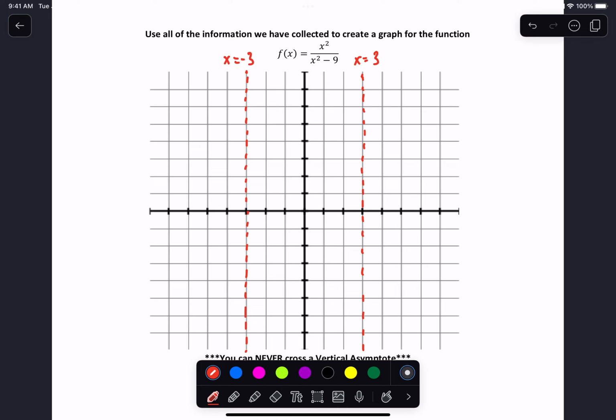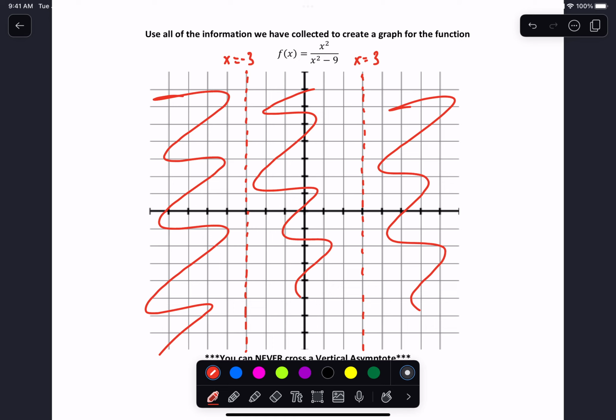Okay. I know the graph cannot touch those values. So I'm using that fact to figure out where is the graph over here, where is the graph in here, and where is the graph over here. Because I know it can't touch those values. So we've kind of broken it into 3 chunks.